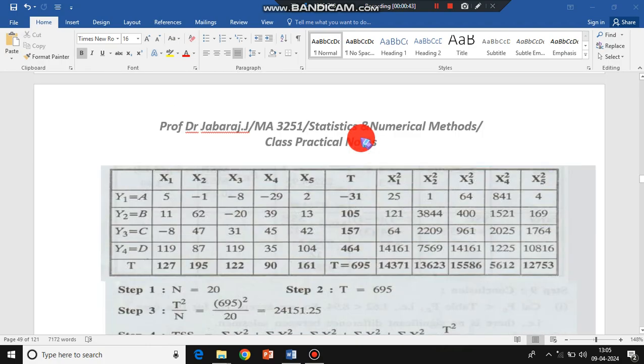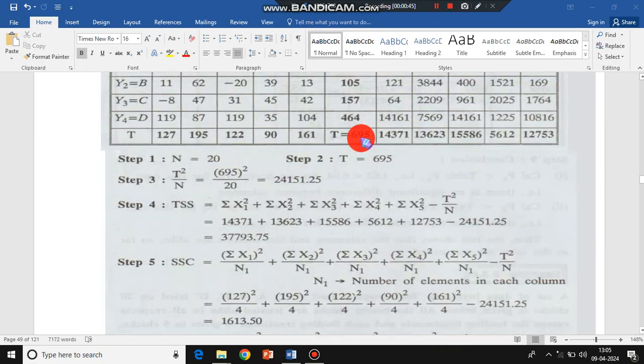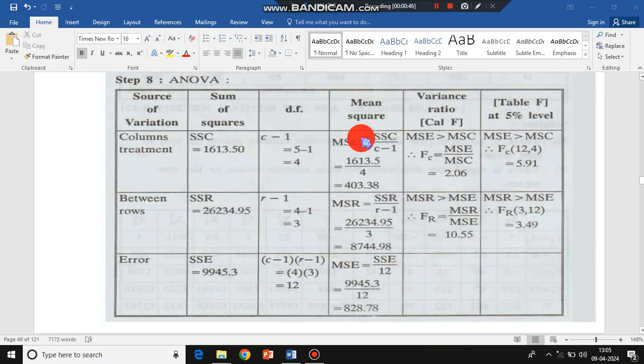Since the level of significance is not given here, we can take it as a 5% level of significance. And if you know this and all other things, we can calculate. So SSC we need, SSR we need, SSE we need, and everything is very easy to calculate.